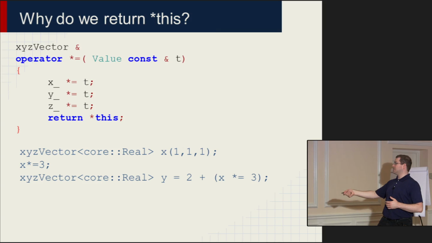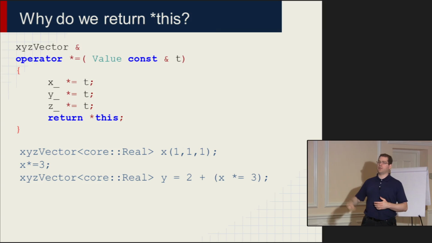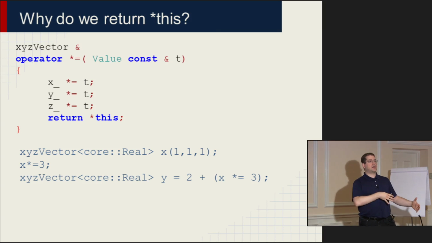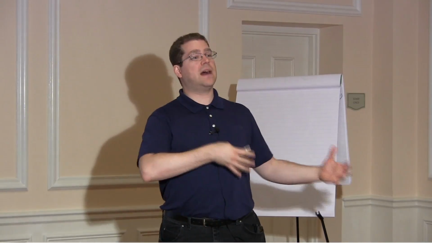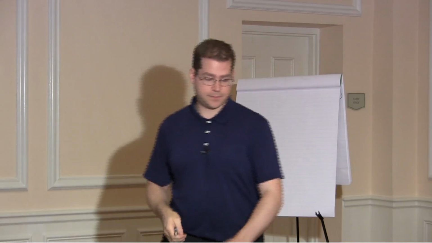So you can write expressions like x multiplication equals 3 as an entire expression, and then use it further. It's just the way that C++ handles this assignment operator, and because that's the semantics of the C++ operator, we should copy that in when we do the operator overloading.